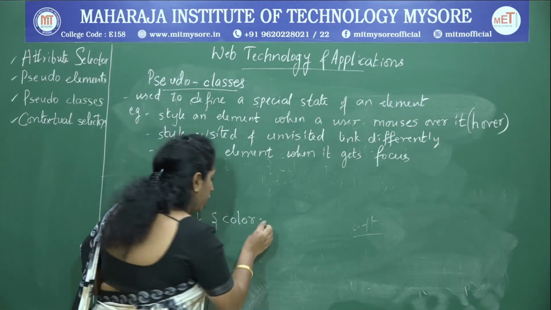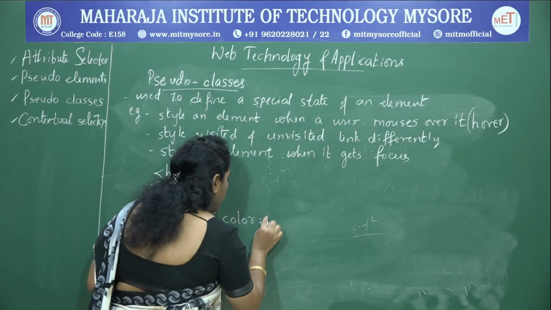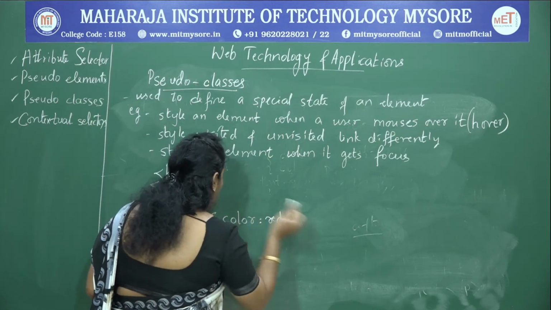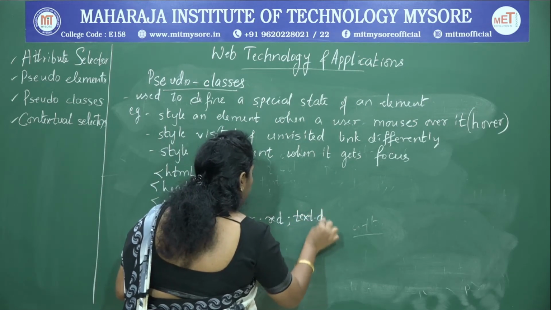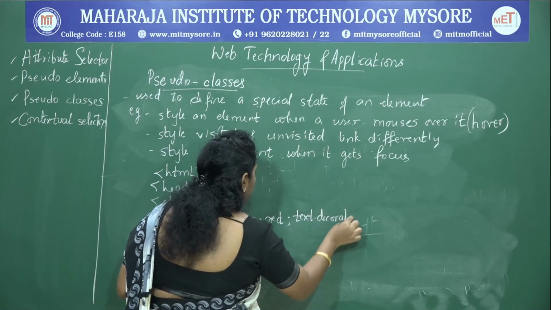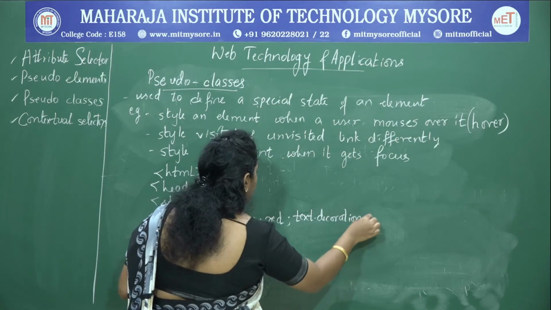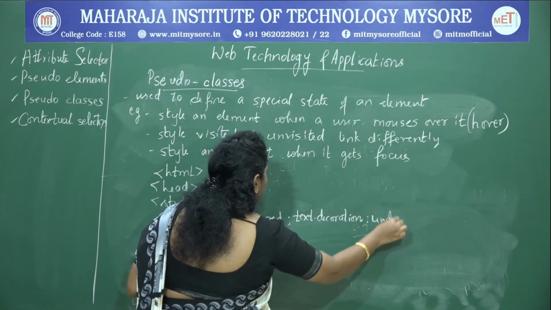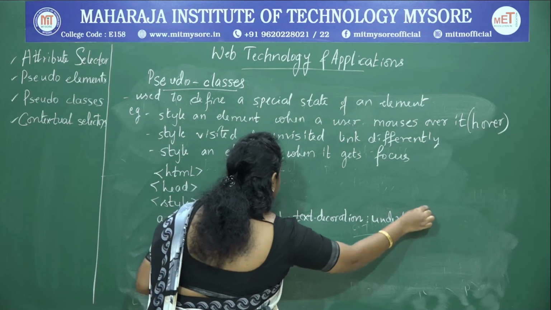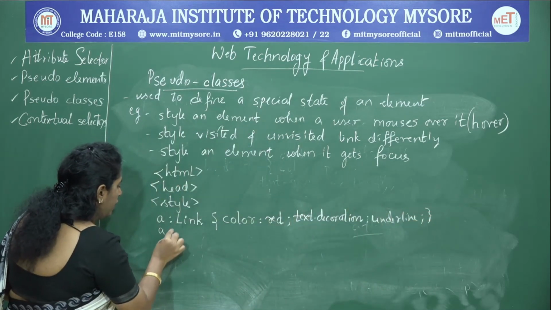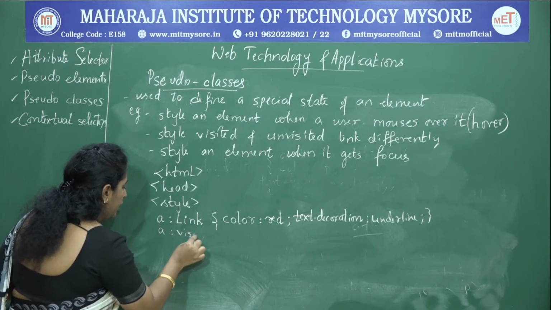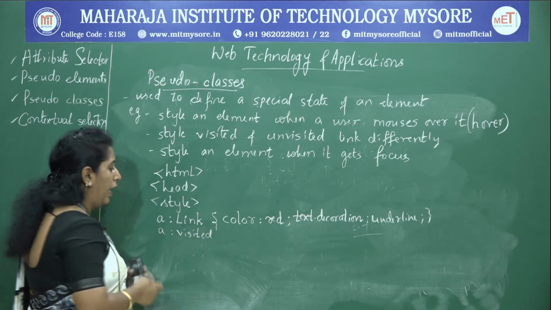Now I am going to change it. I am changing it to red, and I will also give the property text decoration underline. Understood? Next, after this, I will say visited.